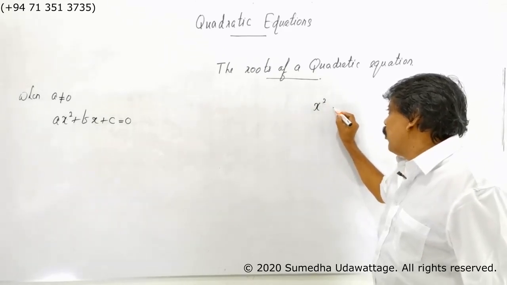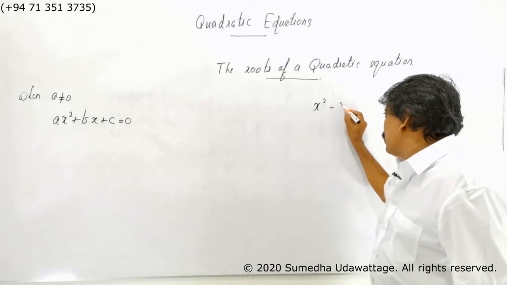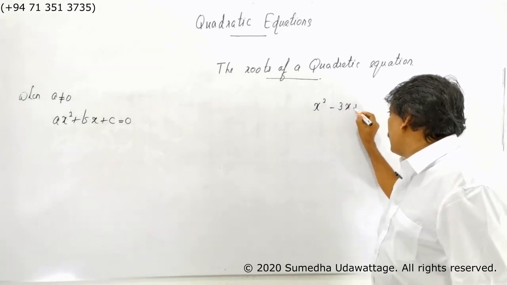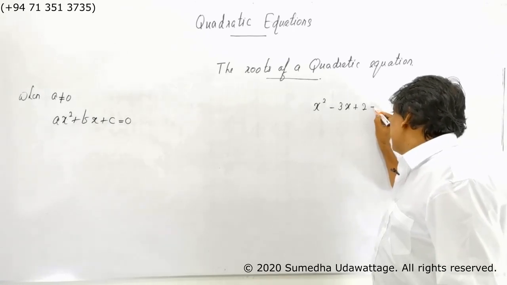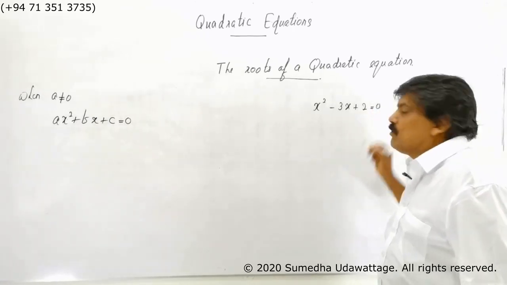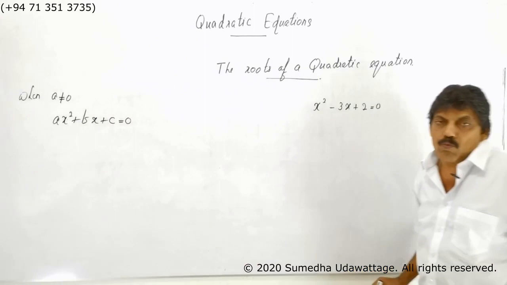Consider the quadratic equation x square minus 3x plus 2 is equal to 0.